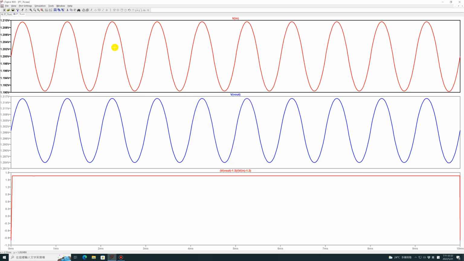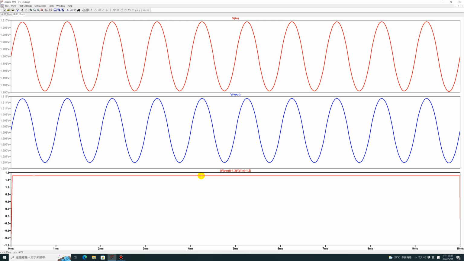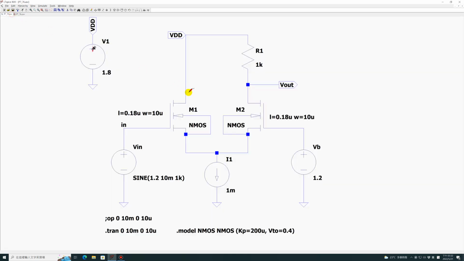See here? That's what happened here. So the gain is 1.67. Here, 1.67 here, 1.67 here. You can easily get about 1.67. That's how you really do the simulation here.